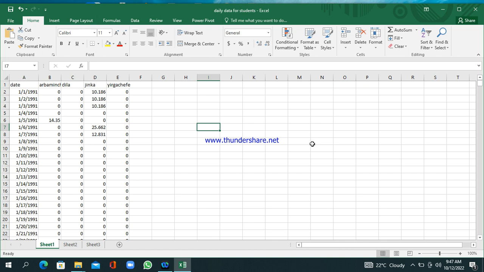The middle is at 500 or 700 hectopascal. And the upper is at 200 or 300 hectopascal. So we have to see the wind pattern at these three levels: lower, middle, and upper.